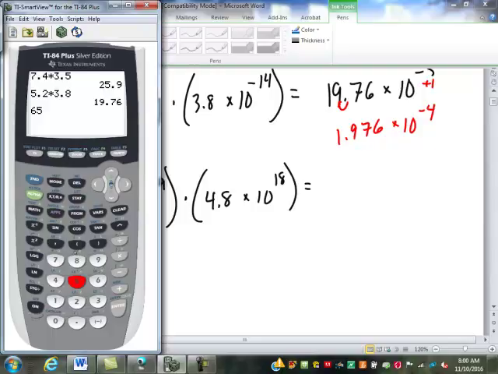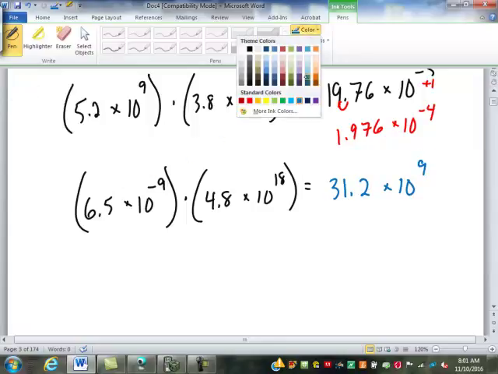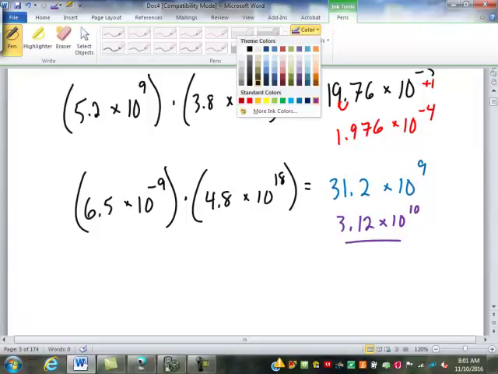Oops, I forgot my decimal in there. Gives us 31.2 times 10 to the negative 9th times 10 to the 18th, which is 10 to the 9th. And of course we have to adjust that to 3.12 times 10 to the 10th. Very good. Any questions on those?